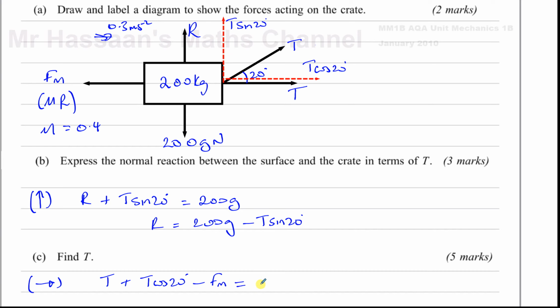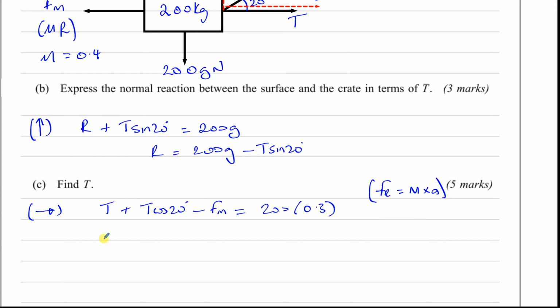And that's equal to the mass times the acceleration, which is 200 times 0.3. The resultant force equals mass times acceleration. Now we know that T plus T cosine 20 minus mu times R equals 60.